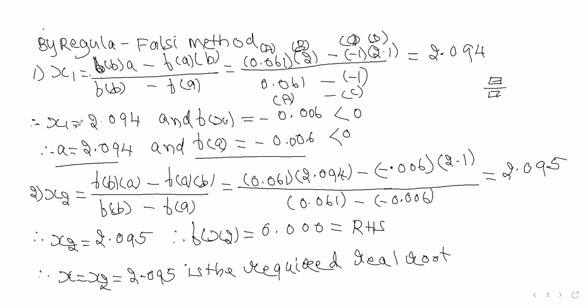It asks the value of x. The value of x is 2.094. If you press it, you get minus 0.006, less than 0.